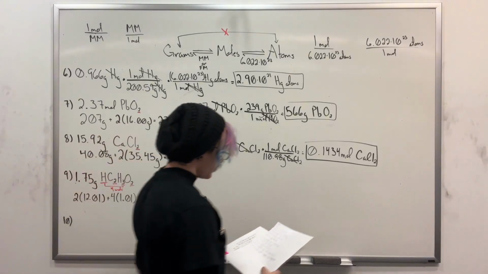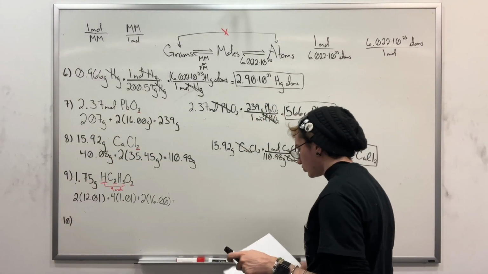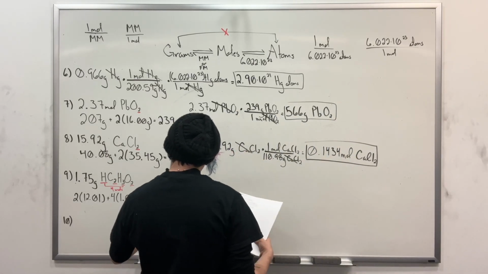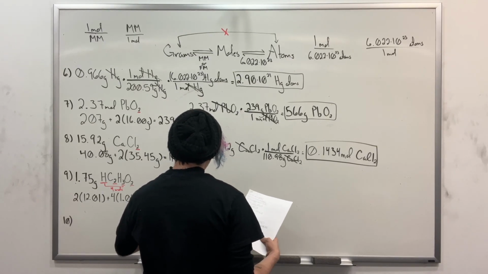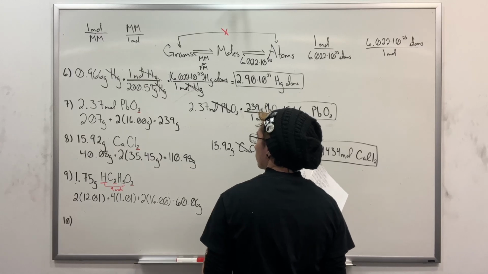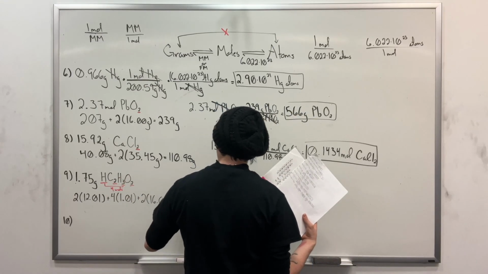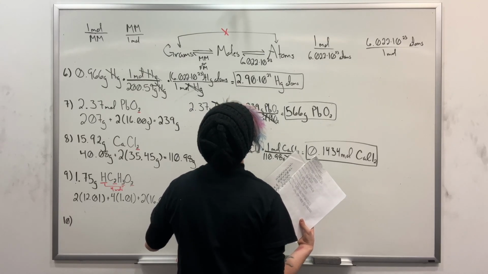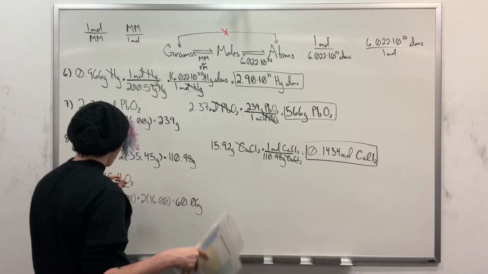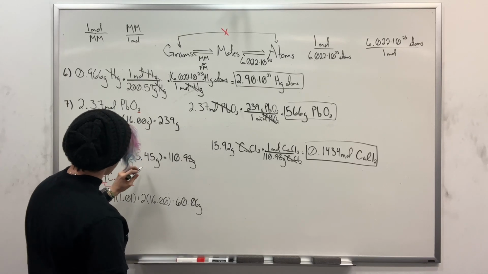And so the formula mass of HC2H3O2 is 60.06 grams. And so now we can do the first step of our conversion. Will I have enough space? I don't think I will. So I'm going to actually just make it a little bit small, but we'll fit it over here.